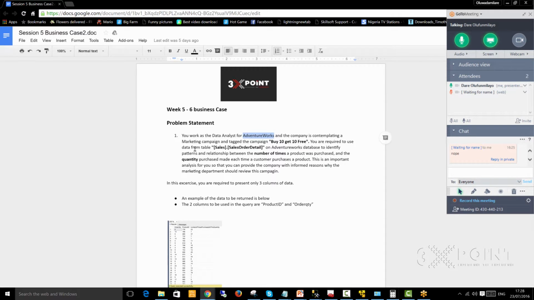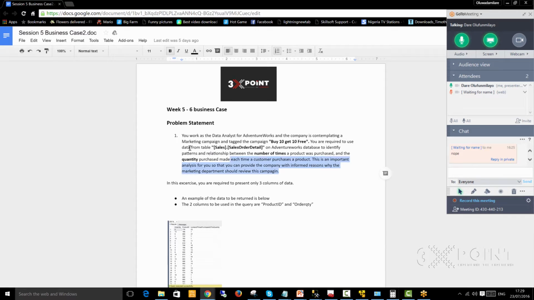You're required to use data from the sales order detail table on the AdventureWorks database to identify patterns and relationship between the number of times a product was purchased and the quantity purchased each time a customer purchases a product. This is an important analysis so that you can provide the company with informed reasons why the marketing department should review this campaign.